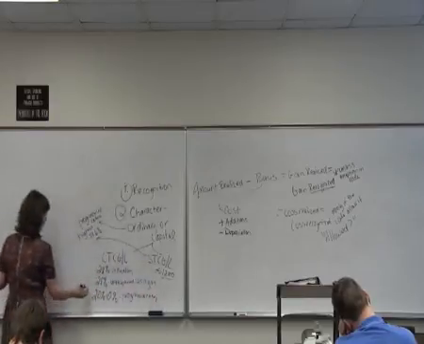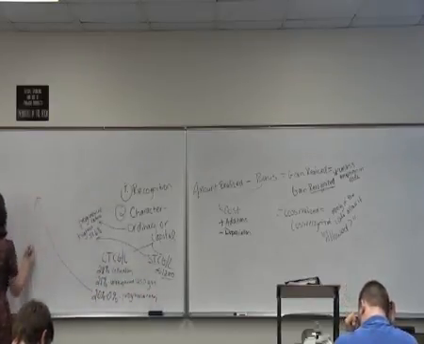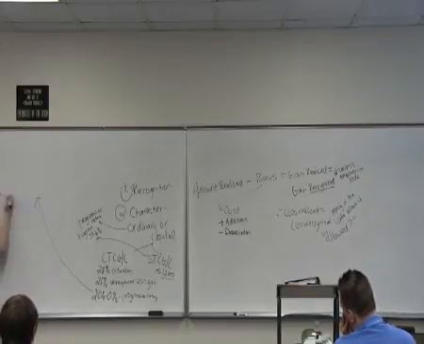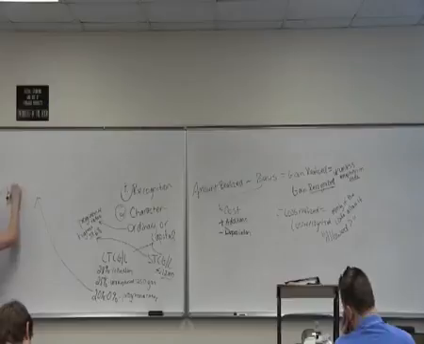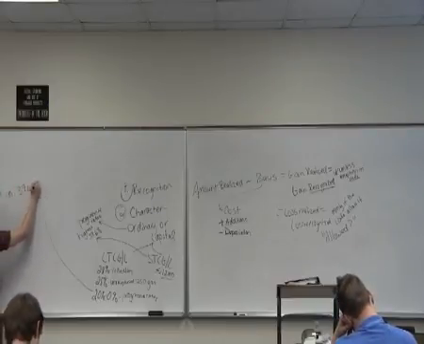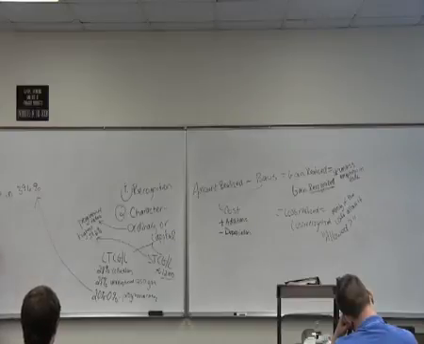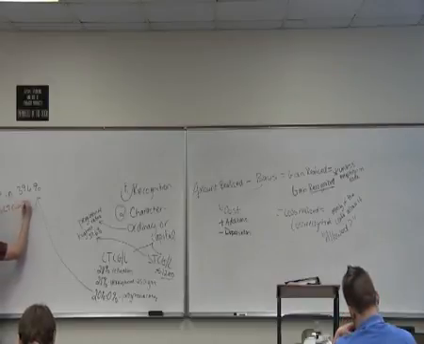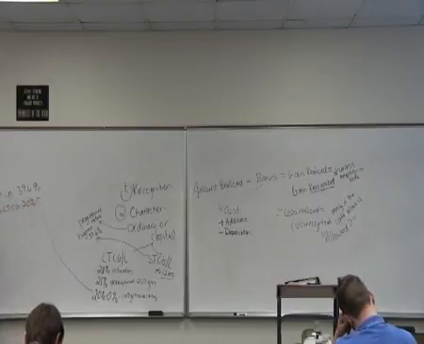If you have a taxpayer in the 39.6 bracket, their long-term capital gains are going to be taxed at 20%. Okay?